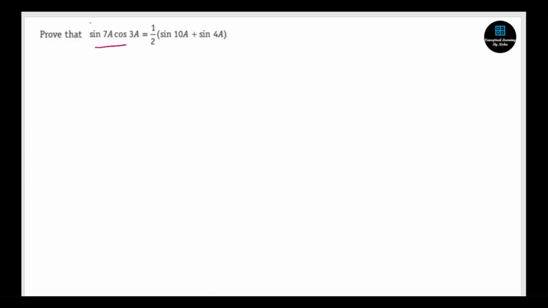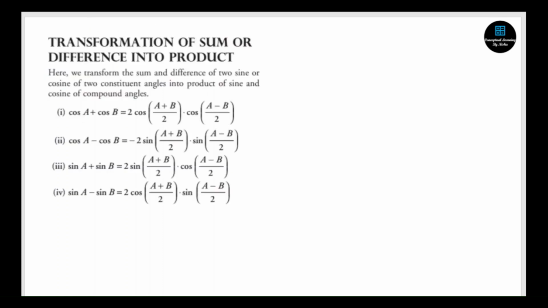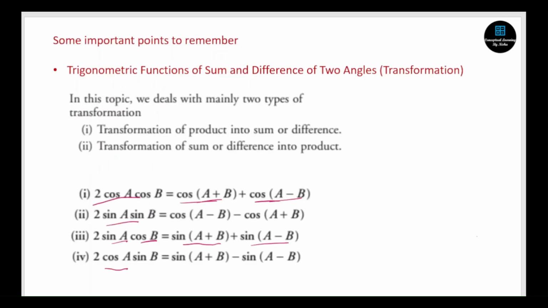We have to prove this. So I'll take the LHS value, sin 7a cos 3a. See, we have this formula: 2 sin A cos B, which is nothing but sin(A+B) plus sin(A−B).